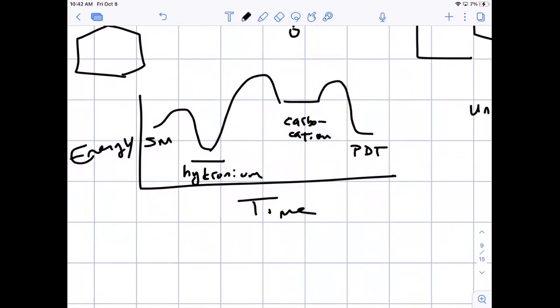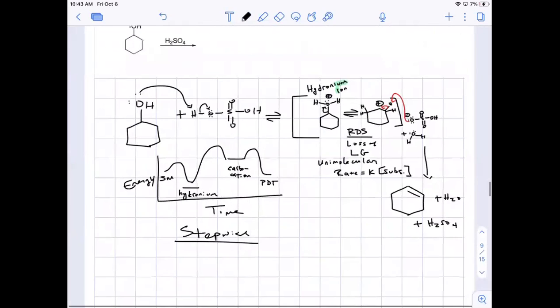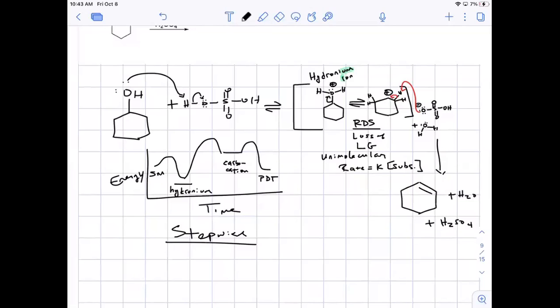Is this stepwise or? Stepwise. Yeah, it's stepwise. Because the rate determinant step happens and it's not concerted with the elimination, like the loss of leaving group happens first and then the elimination happens.